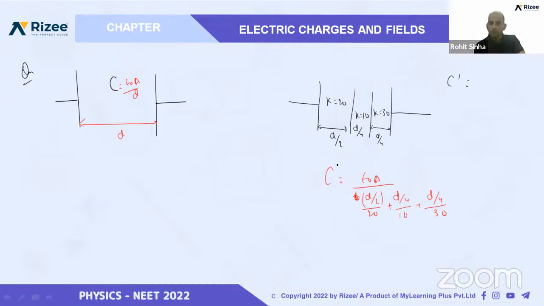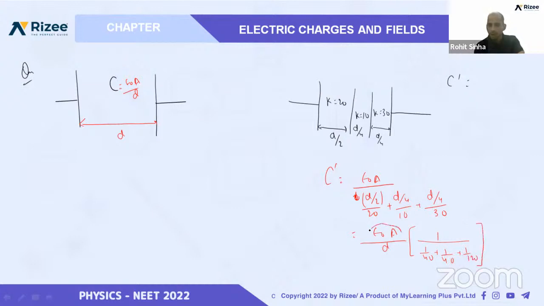What you will do: C dash will be epsilon naught A, take D common, and you will get some value like 1 by 40 plus 1 by 40 plus 1 by 120.